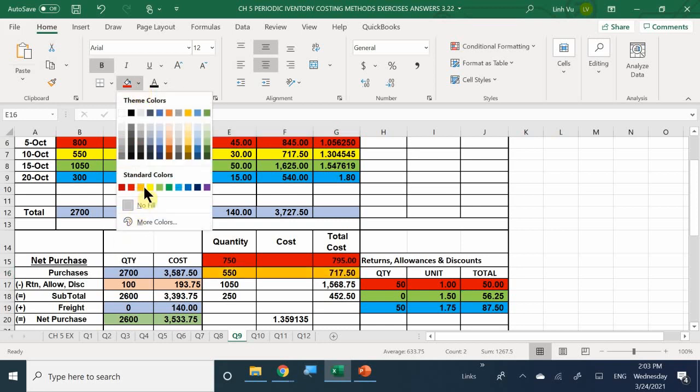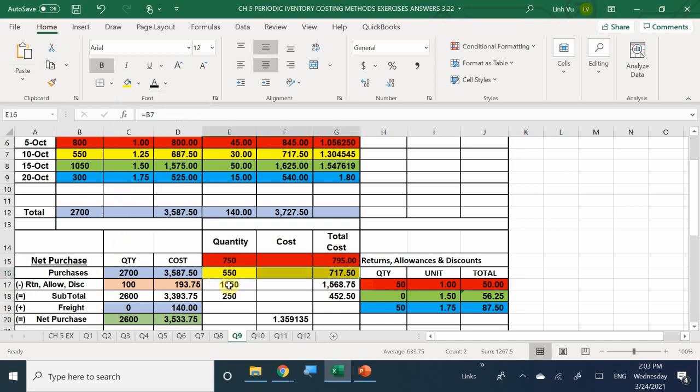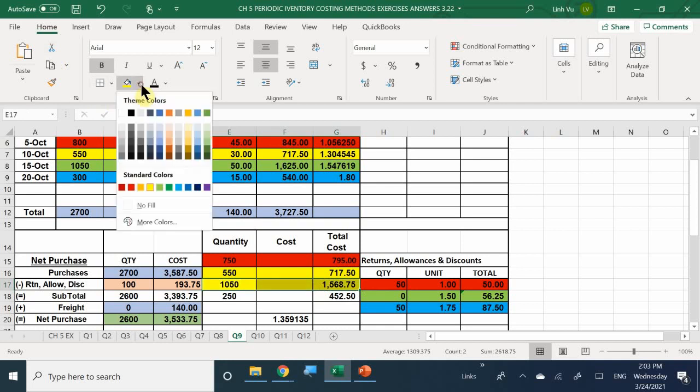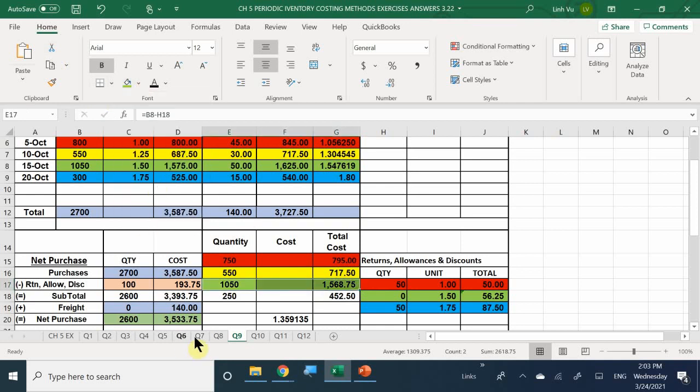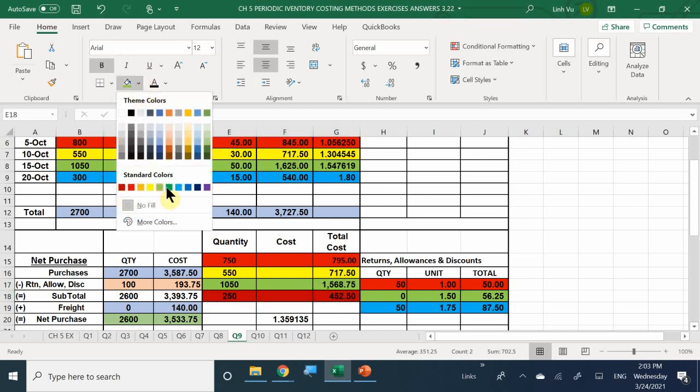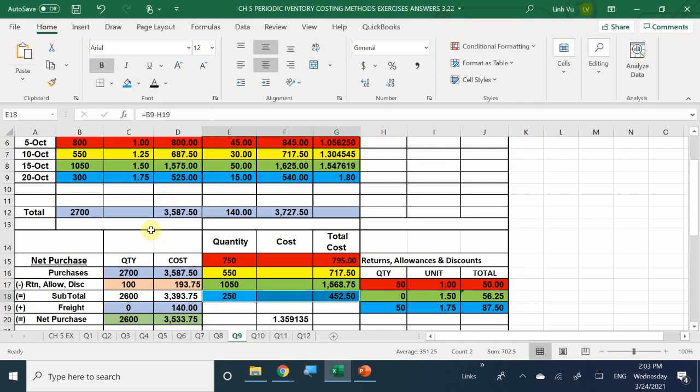So let me add the colors in. So yellow, this is green, green, and then this is blue, right? So remember, this is us cross-referencing, right?